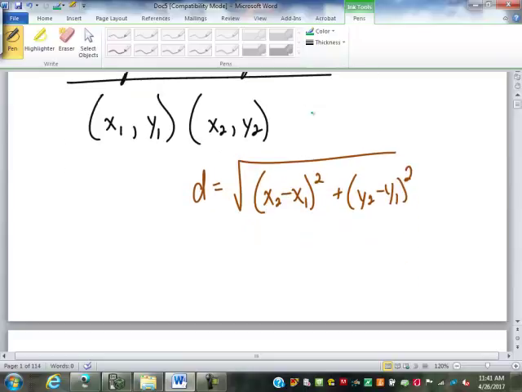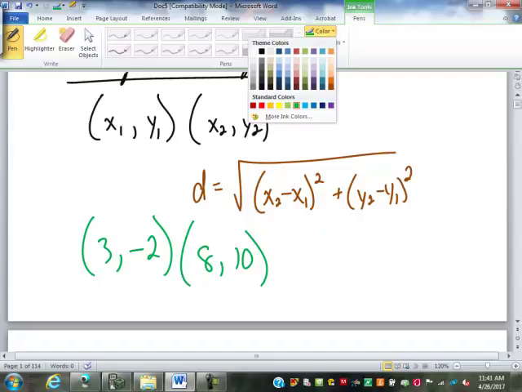So if I were given 2 points, 3, negative 2, and 8, 10, and I was asked to find the distance between them.